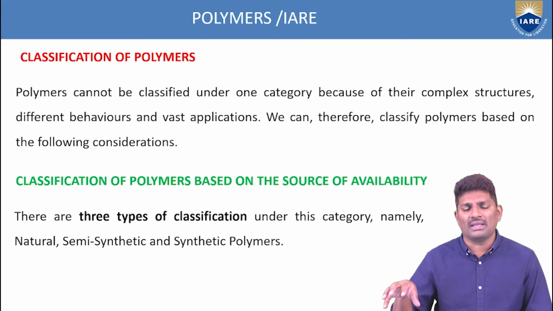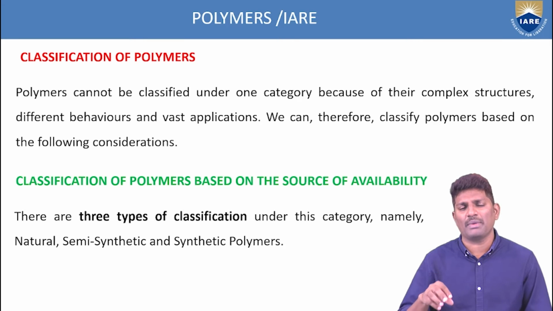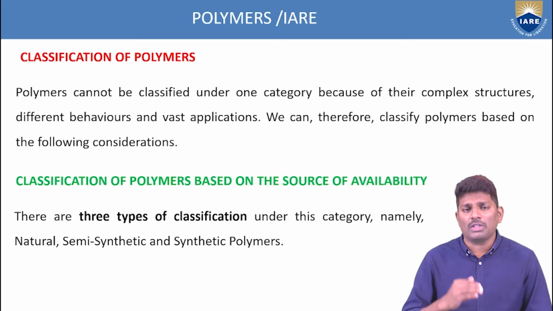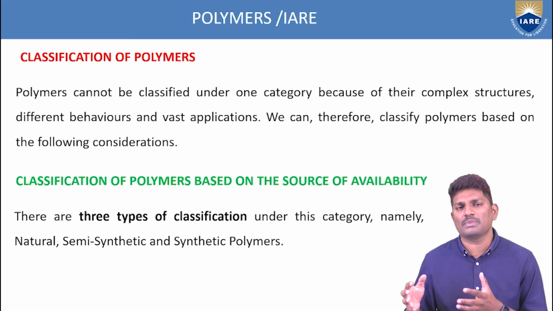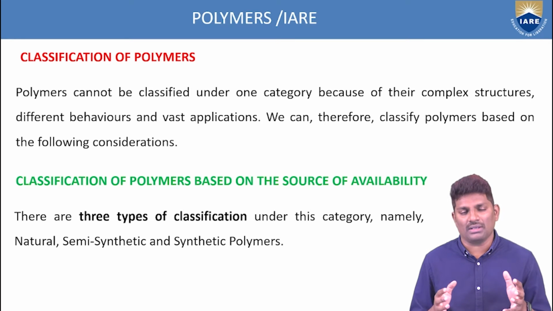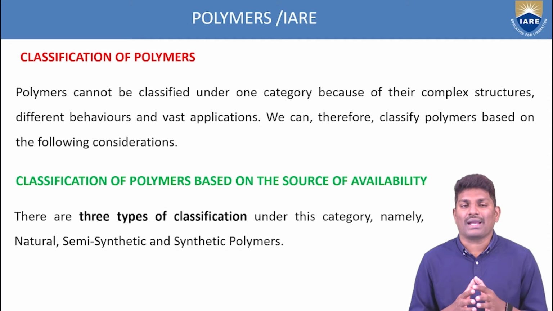Suppose we consider ceramics, they have a single material, so the structure is very easy to identify. Coming to the metals, again it is the same single material, so the microstructure study is very easy. But when you come to the polymers, since they have n number of different types of parts, the microstructure is very complex. That's why we are unable to categorize them.